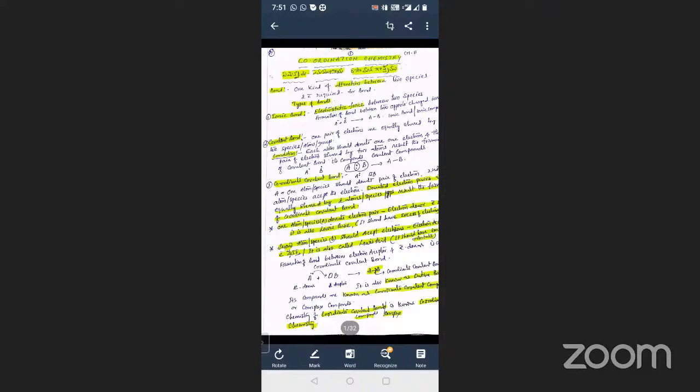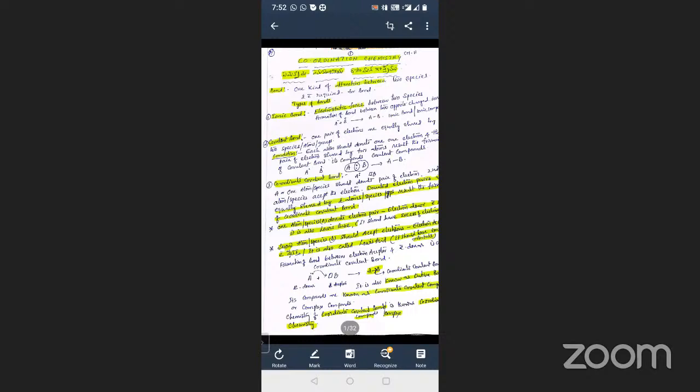The bond which is formed between the electron donor and an electron acceptor, that bond is known as coordinate covalent bond. One atom donates the pair of electron, and that pair is shared by the two species, resulting in the formation of a bond. That bond is known as coordinate covalent bond.